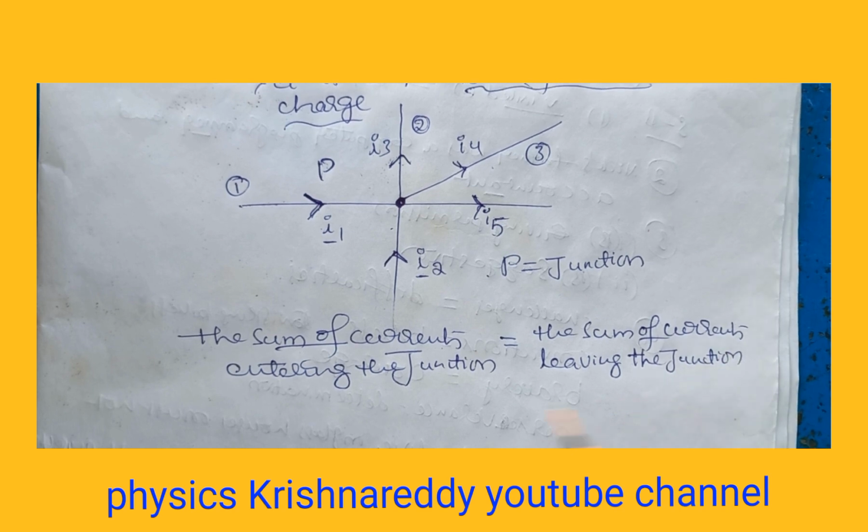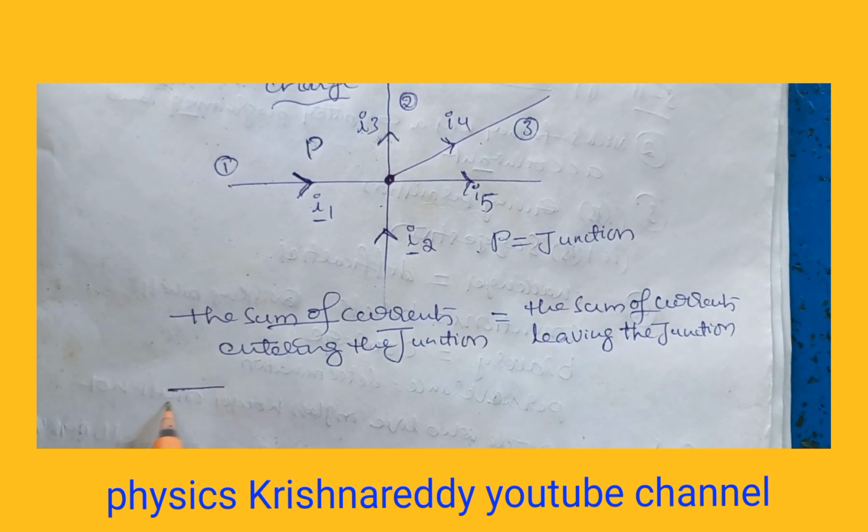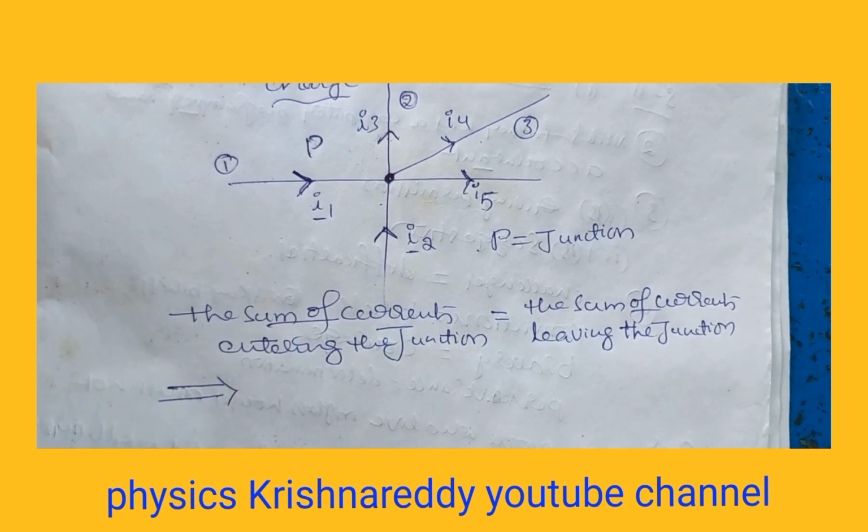Sum of currents entering the junction equal to sum of currents leaving the junction. So it means that the current stored at the junction is 0.